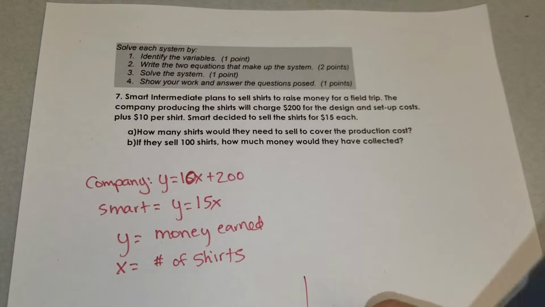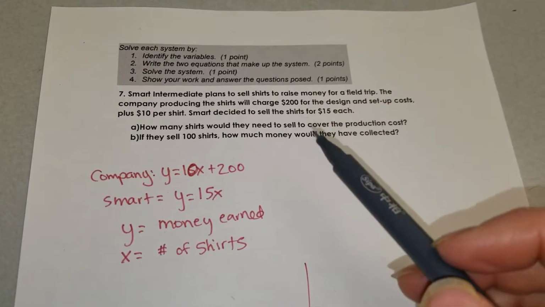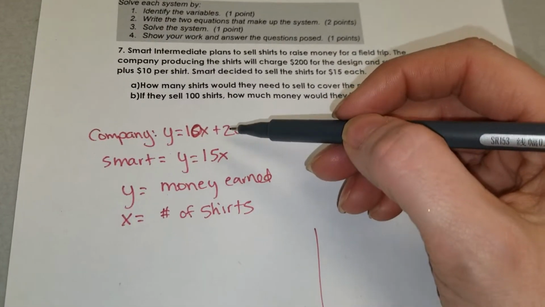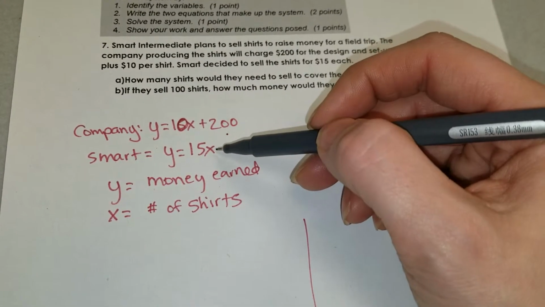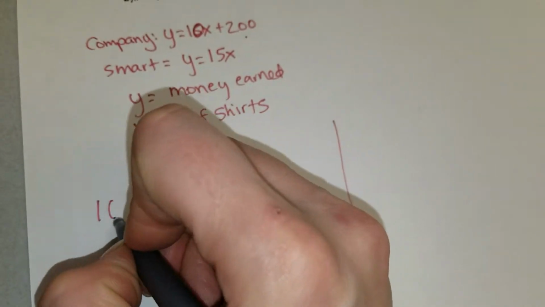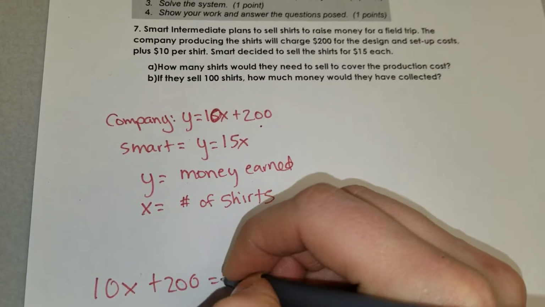So now we have 2 things that we have to do. So how many shirts will they need to cover the production cost? So what it's saying is, when is how much it costs to make the shirts the same as how much they're selling the shirts for. So we have 10x plus 200 equals 15x.